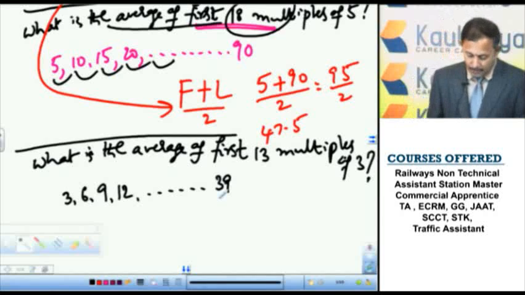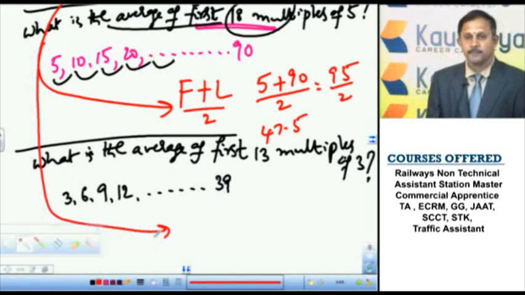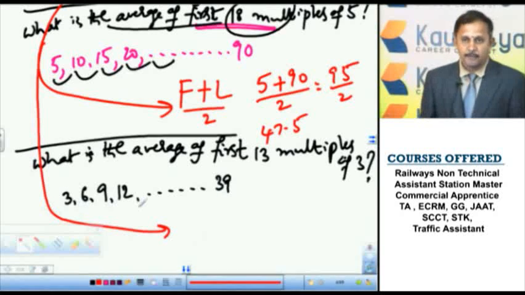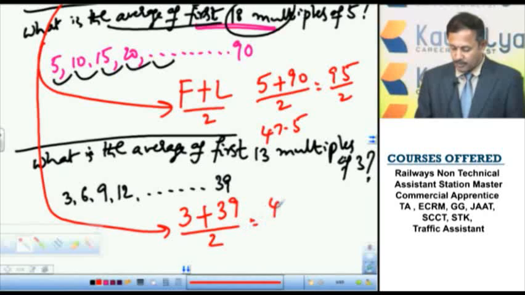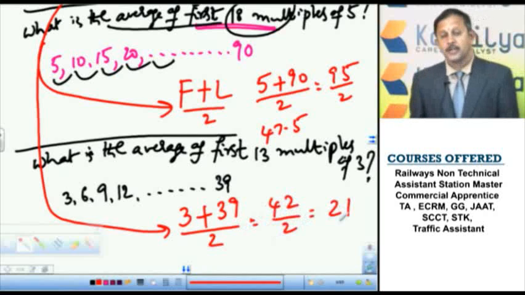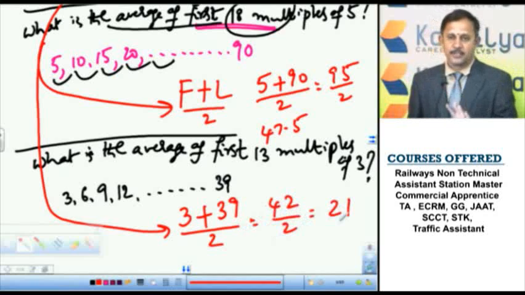So straight away we can apply the formula first element plus last element by 2, because the difference between successive numbers is constant, 3. So here the first element is 3, the last element is 39, first element plus last element by 2. So 3 plus 39, that is equal to 42 by 2. Therefore what is the average for all these elements? 21.